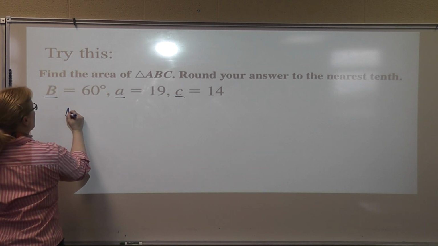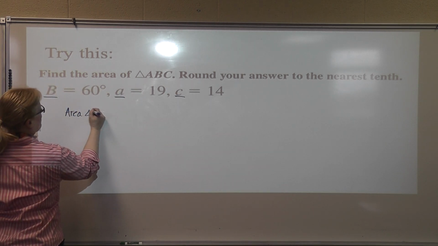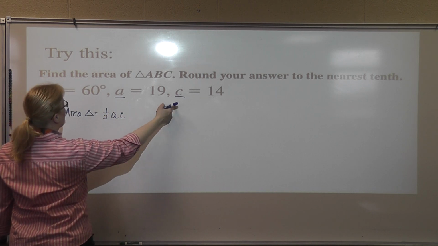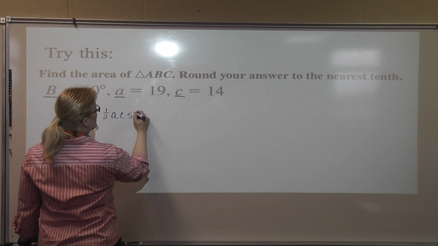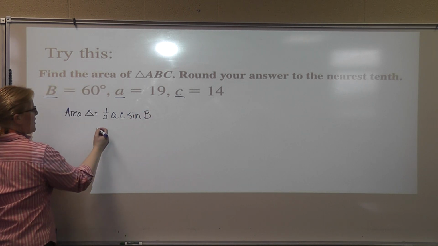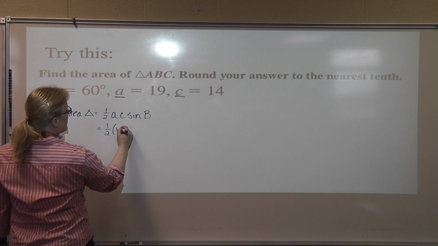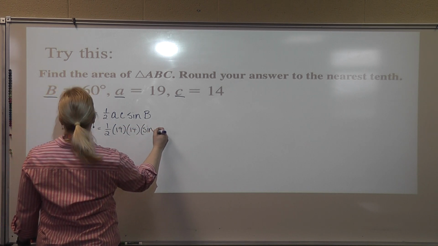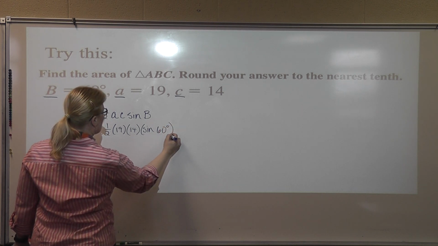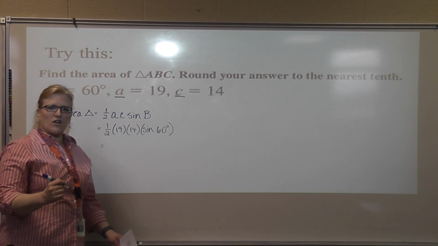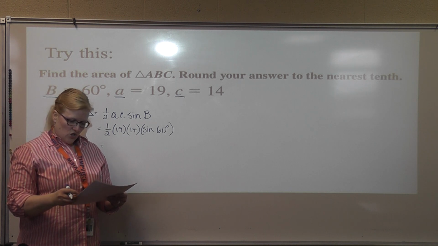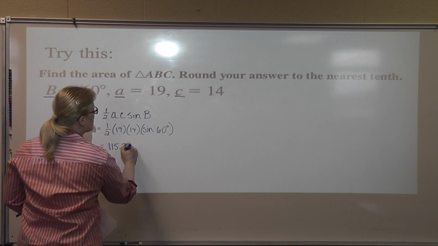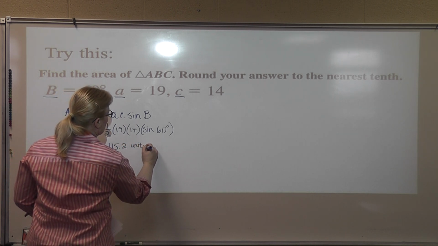So the area of this triangle is 1/2 times A times C times the sine of B. So we have 1/2 times 19 times 14 times the sine of 60 degrees. And you throw that in your calculator, and you should have gotten 115.2 units squared.